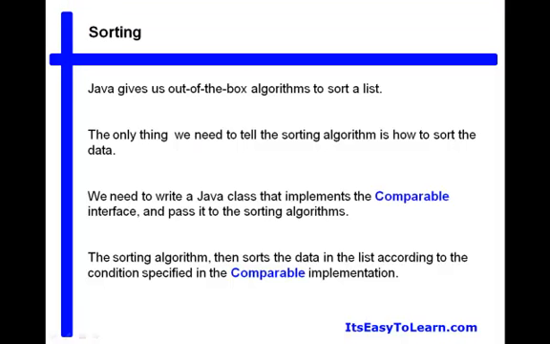So let us continue with our learning. Java gives us out-of-the-box algorithms to sort a list. The only thing we need to tell the sorting algorithm is how to sort the data. We need to write a Java class that implements comparator and pass it to the sorting algorithm. The sorting algorithm then sorts the data in the list according to the conditions specified in the comparator implementation.